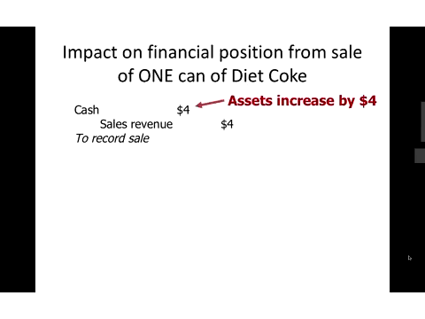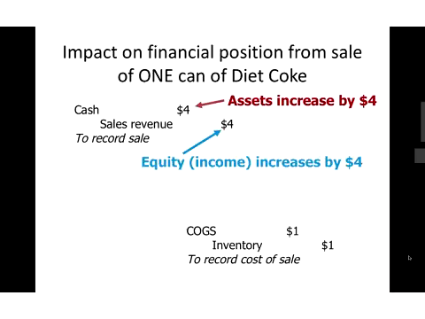So here's the first journal entry. First journal entry, we sell that 1 can of Coke. We're going to see assets increase by $4. We're going to see sales revenue increase by $4. So we've got assets going up by $4 and equity going up by $4 as well. And then we have the second entry to record the cost of the sale.